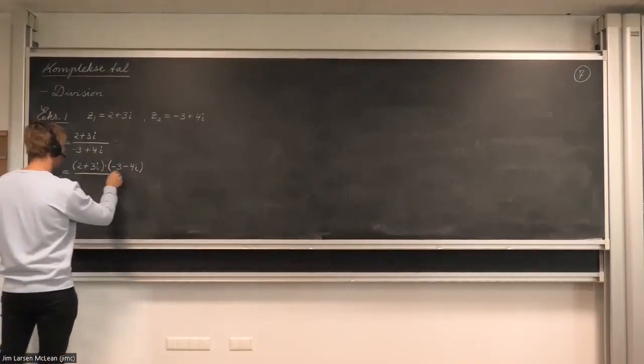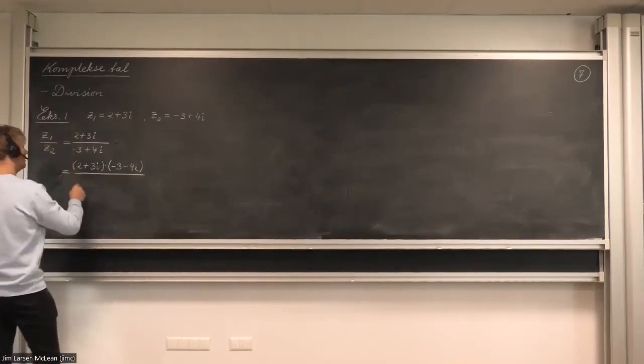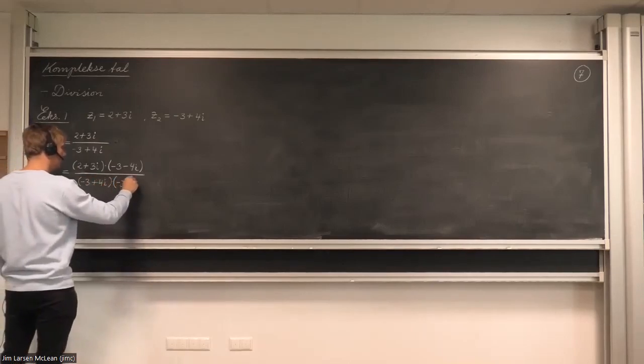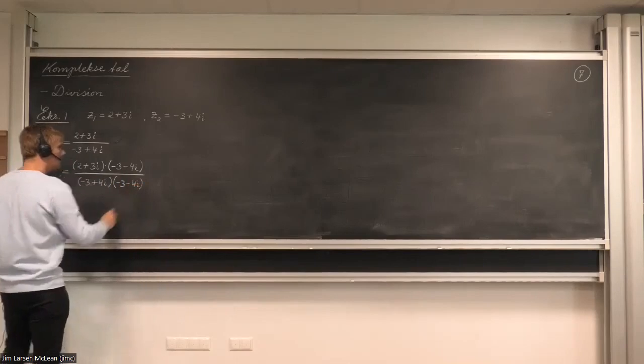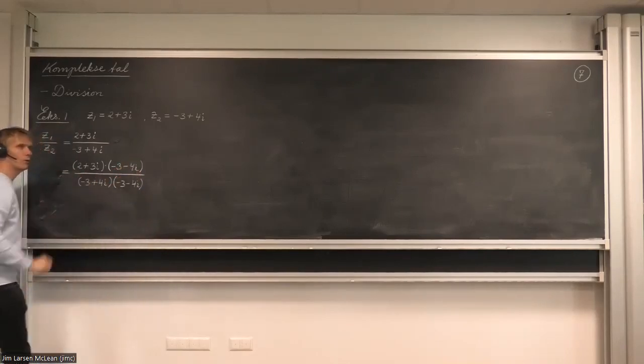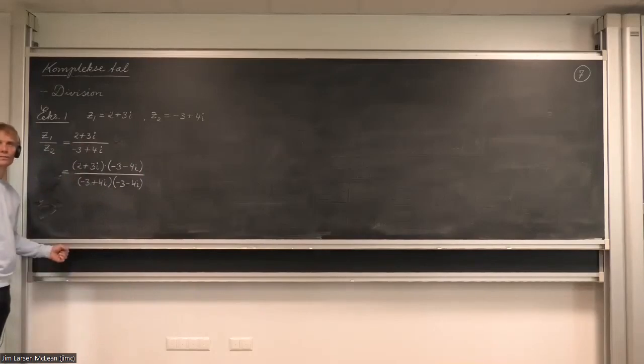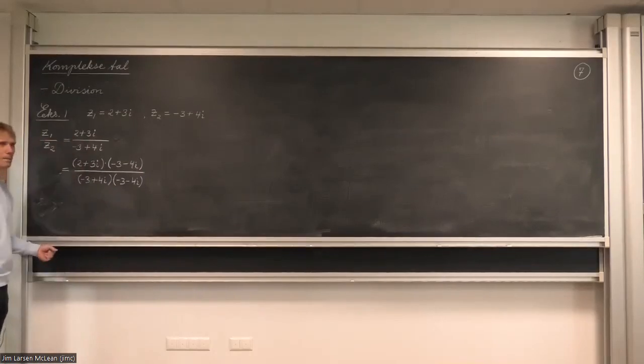And I do the same in the denominator, writing what was there initially, minus 3 plus 4i. And then I multiply by minus 3 minus 4i. So in principle, this cancels with that. So I haven't done anything, just rewritten what I had into something new. But it says the same thing.